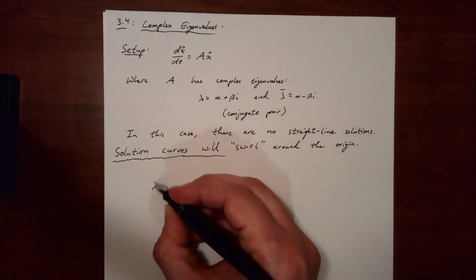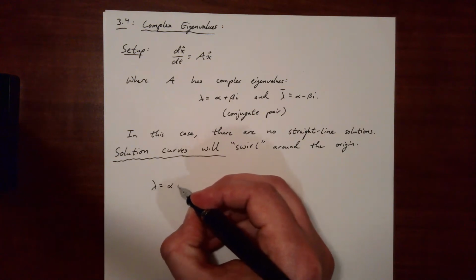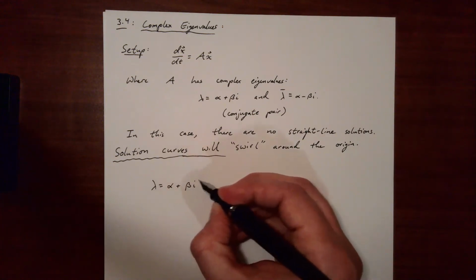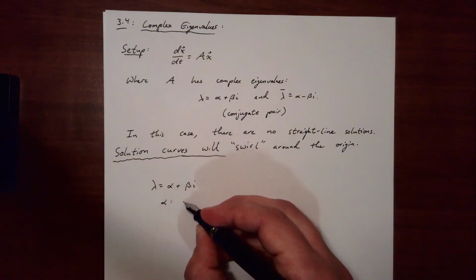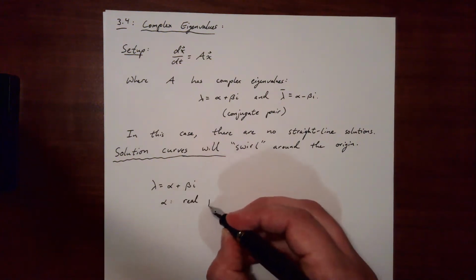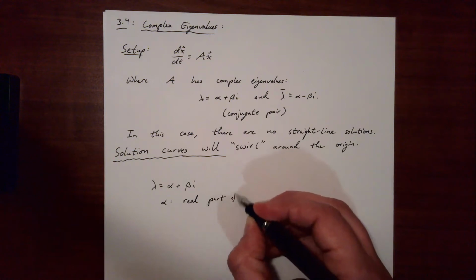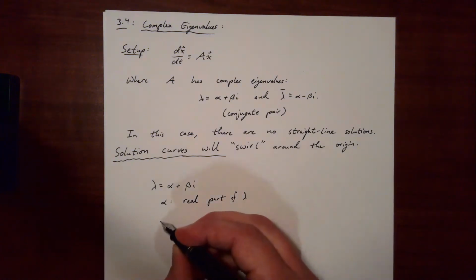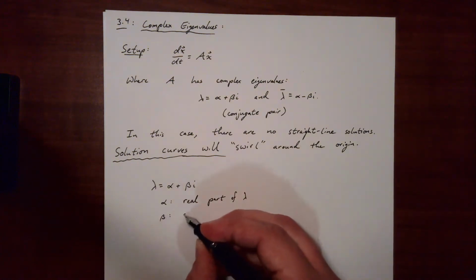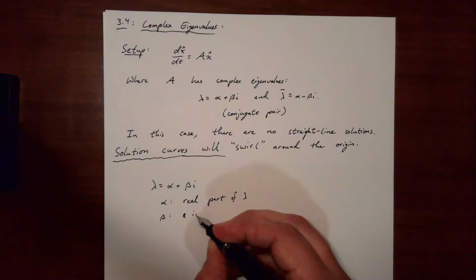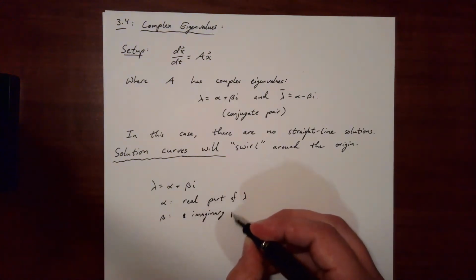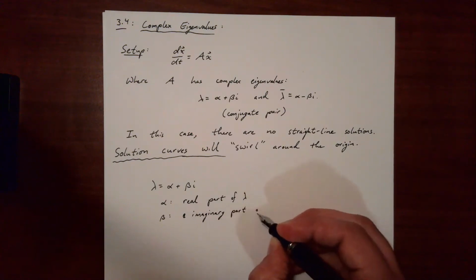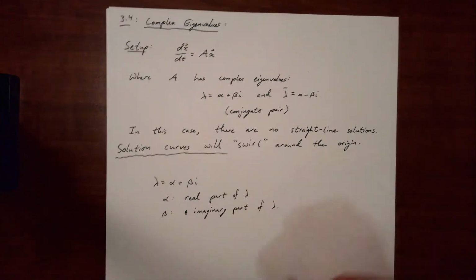So if lambda equals alpha plus beta I, then alpha is called the real part of lambda, and beta is considered the imaginary part of lambda.